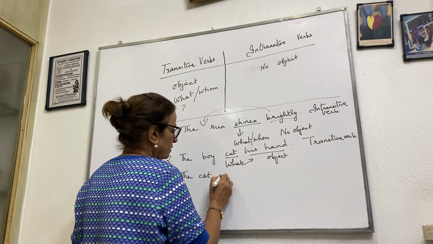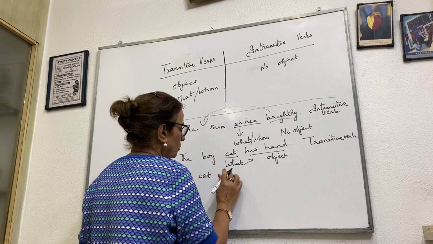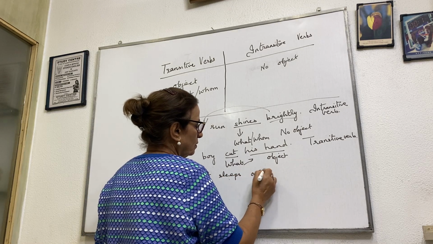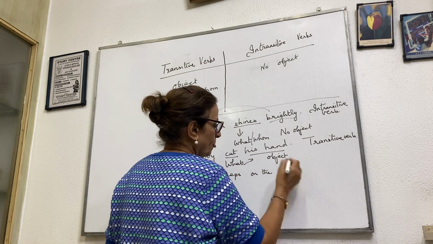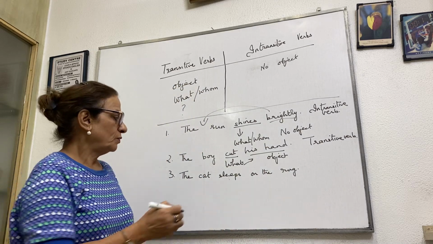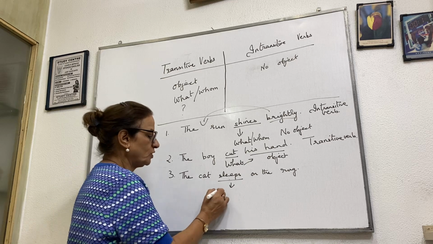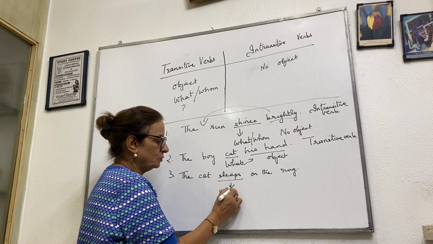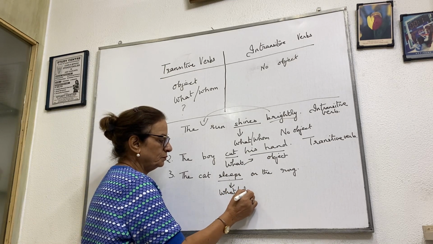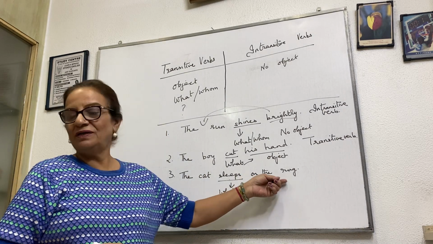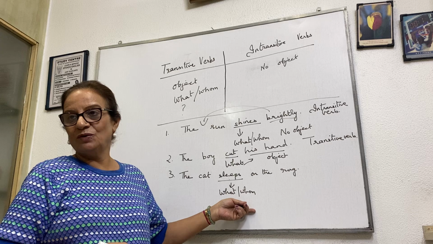The cat sleeps on the rug. The verb is sleeps. Ask the question what or whom. Sleeps what? On the rug. Sleeps, we can't say whom.